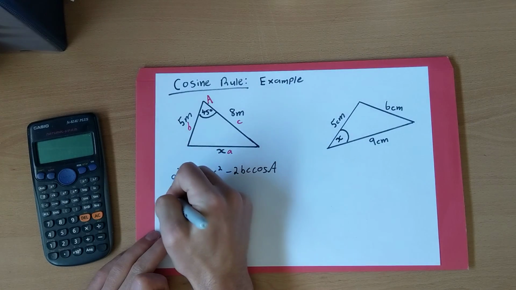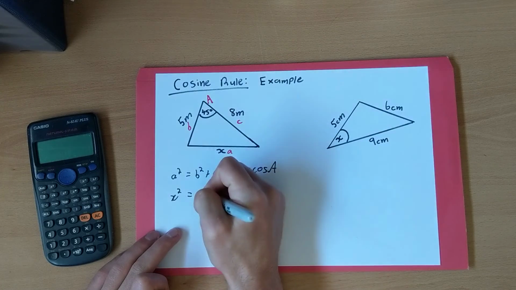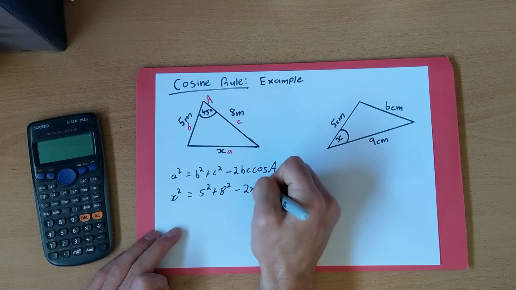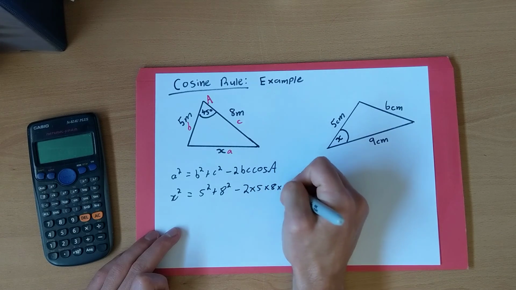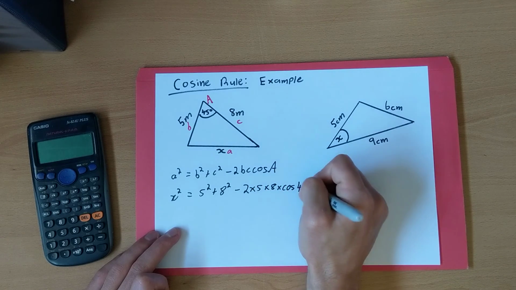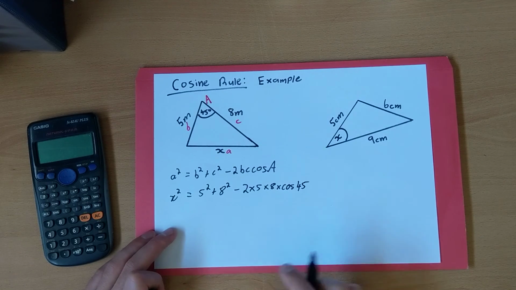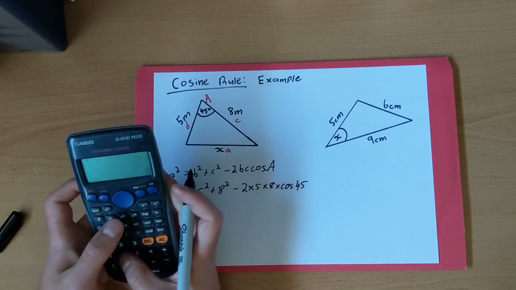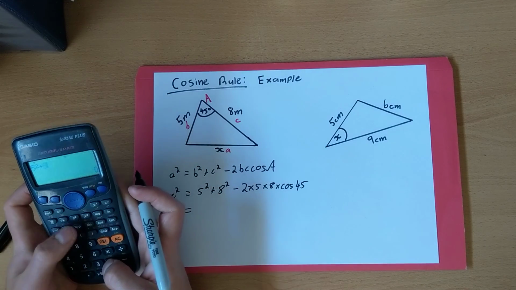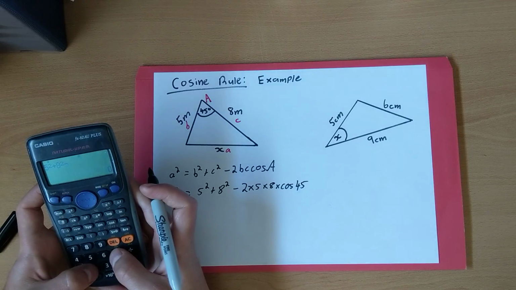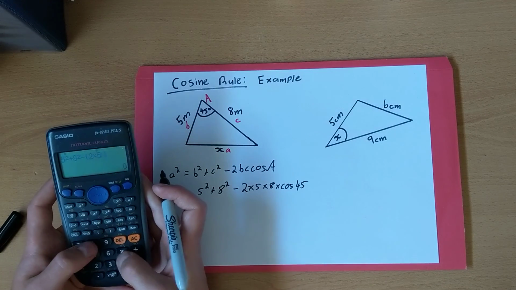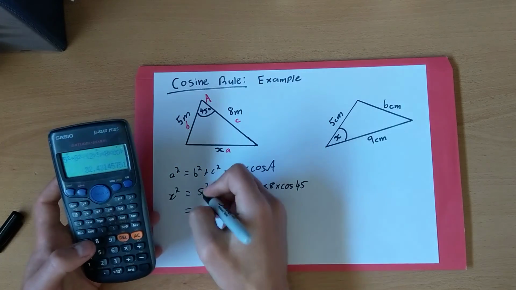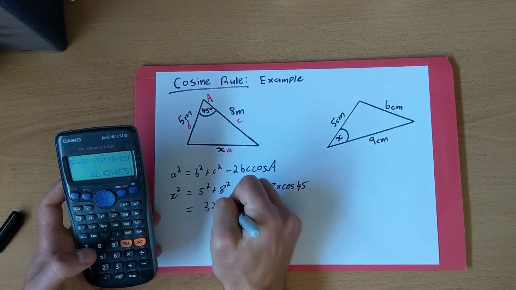A is x, so x squared equals 5 squared plus 8 squared minus 2 times 5 times 8 times cos of 45. Which equals, let's put that into the calculator to work out what it is, 5 squared plus 8 squared minus 2 times 5 times 8 times cos 45 gives you 32.43.